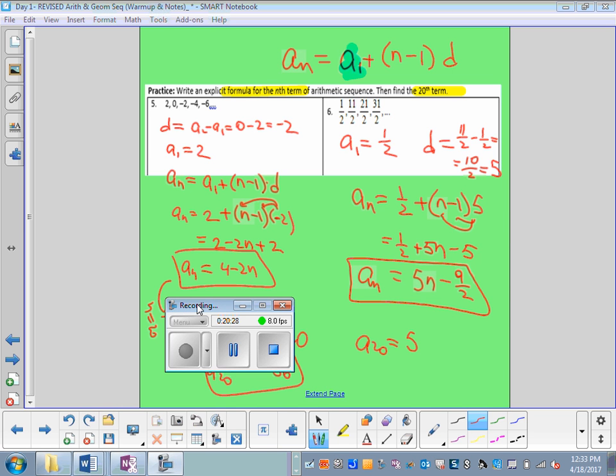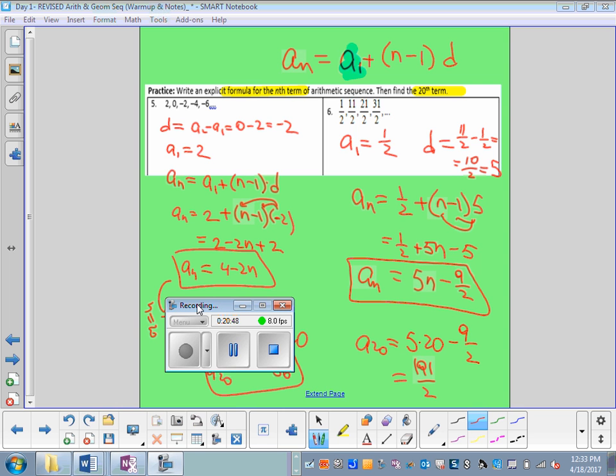So 5 times 20 minus 9 over 2, and then we just evaluate. I got A20 equals 191 over 2, and that is my answer for A20.